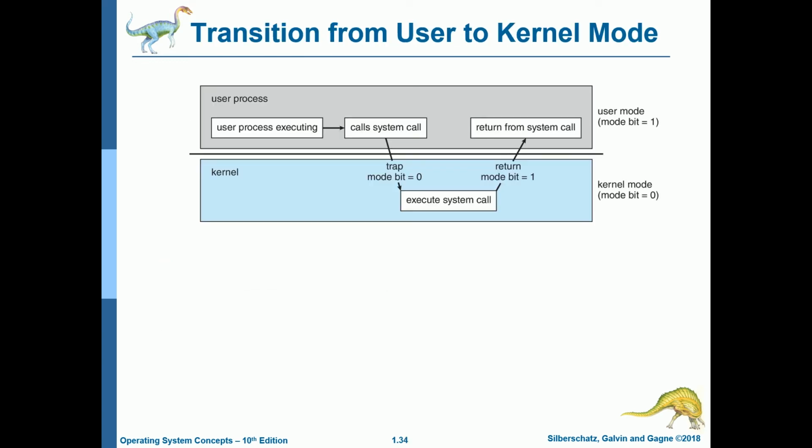So the way that we can start looking at this is if we're executing some sort of user process, and that user process calls something that's related to the system. This transfers over to the kernel, and our trap bit is set to 0, so kernel mode. We then execute some of the code that's related inside the kernel until it's completed, and then we switch that bit back to 1, and then we return from that system call.